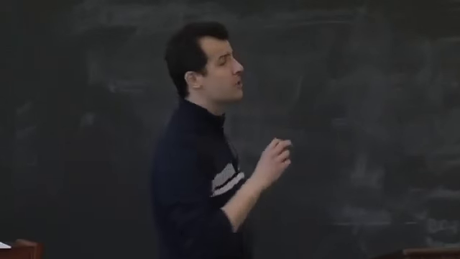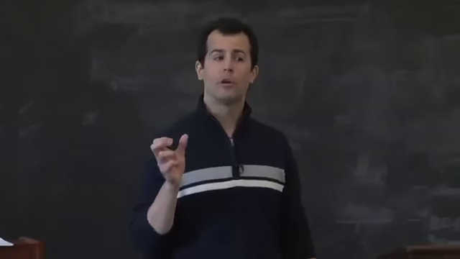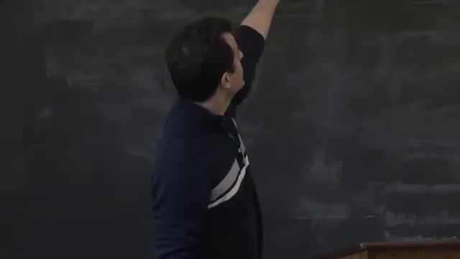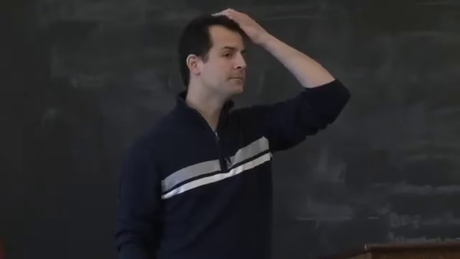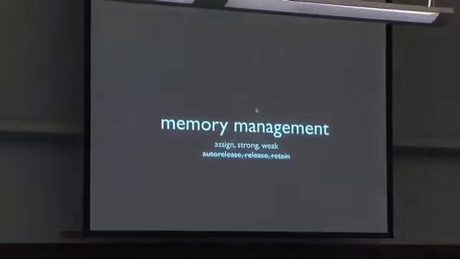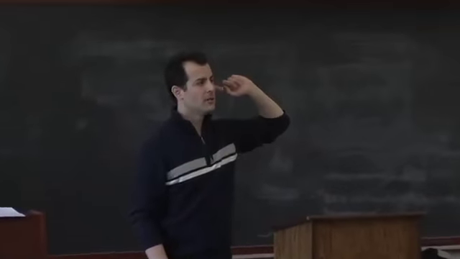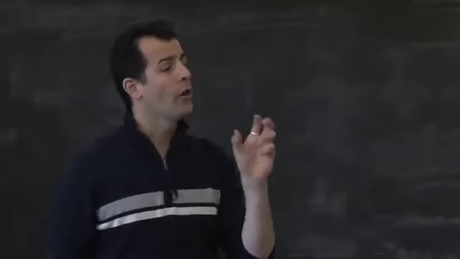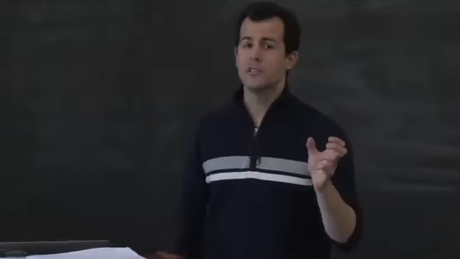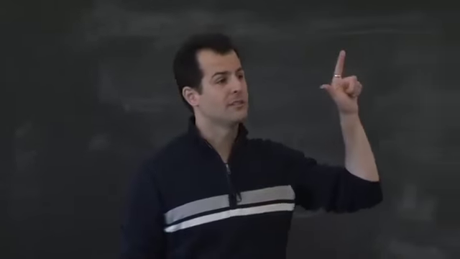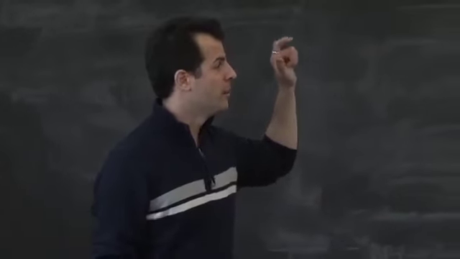We programmers still have some control over, though, how memory is managed. So in what context have we seen assign, strong, and weak? In the context of? Yep, and what context specifically in view controllers? In properties. So recall that properties are nice and magical because they allow you to do two things, one of which we never remember.